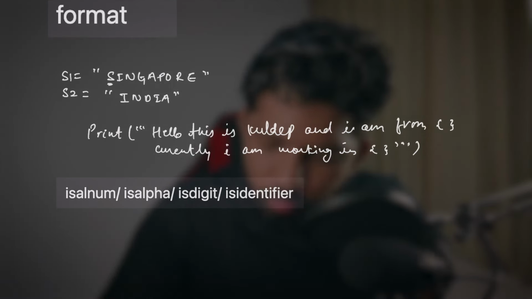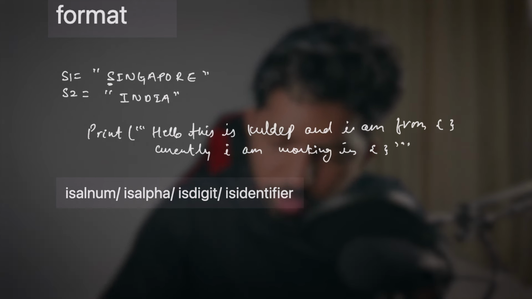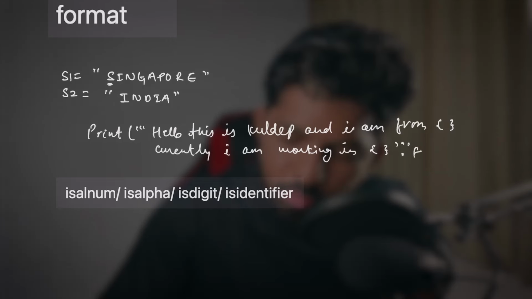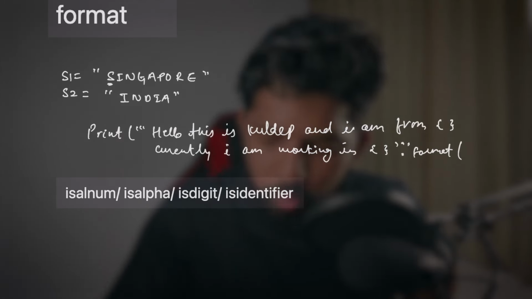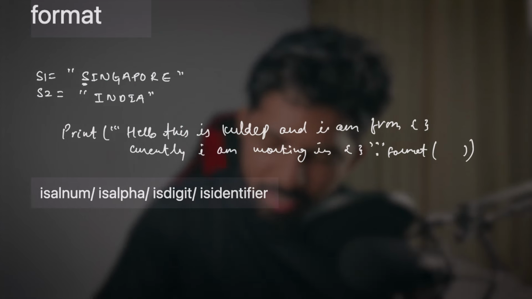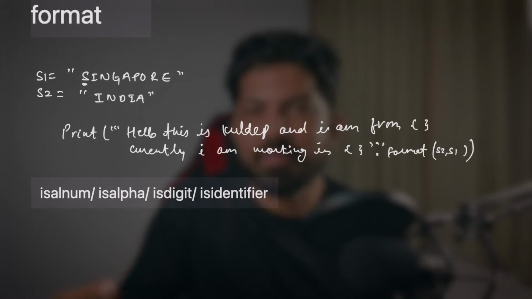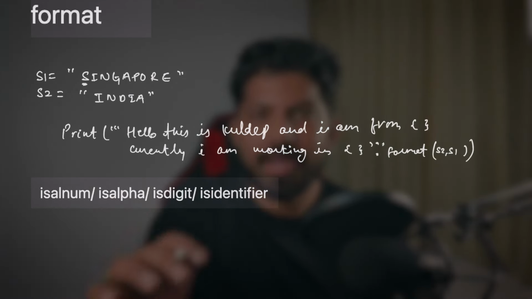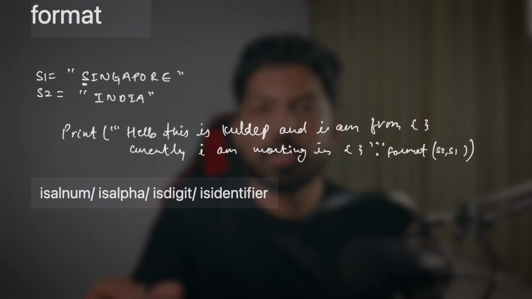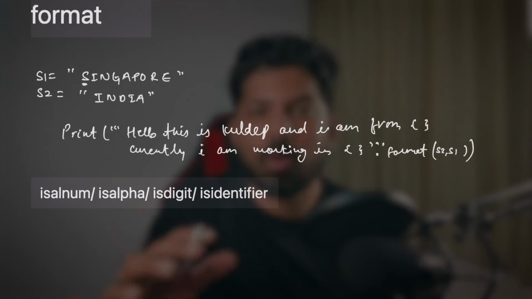Okay. So for format, you have to write a dot next to this string, then you can write format. Here you can pass your values. So here S2 and S1. Because of that mistake, we are able to explore one more functionality of format. Here we can say that order matters. Whatever order you mention here, it will be printed like that only.